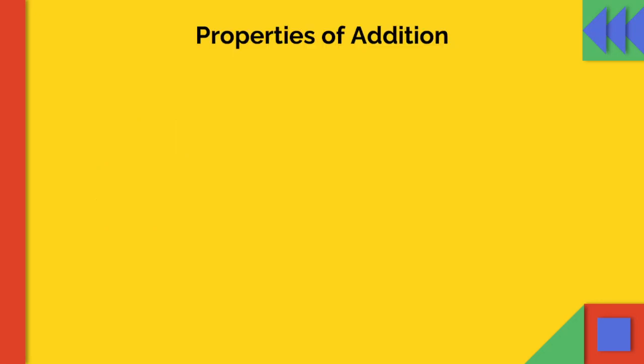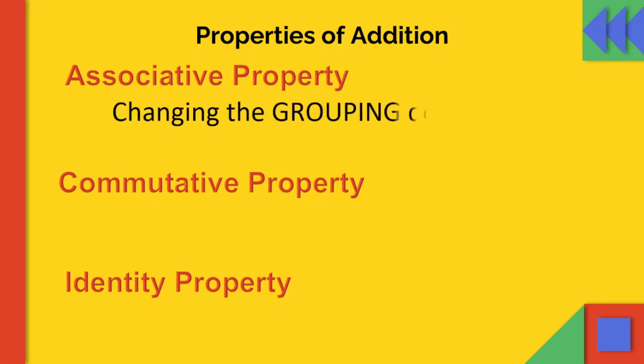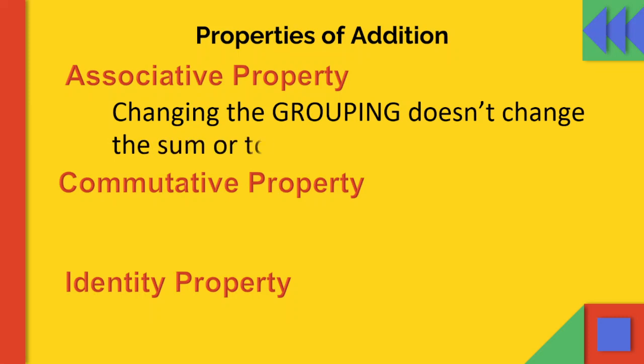Now, we have also discussed the properties of addition. What are those properties? The associative property, commutative property, and identity property. The associative property means changing the grouping doesn't change the sum or total.